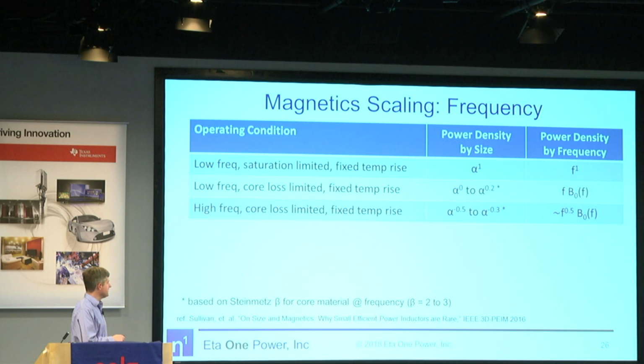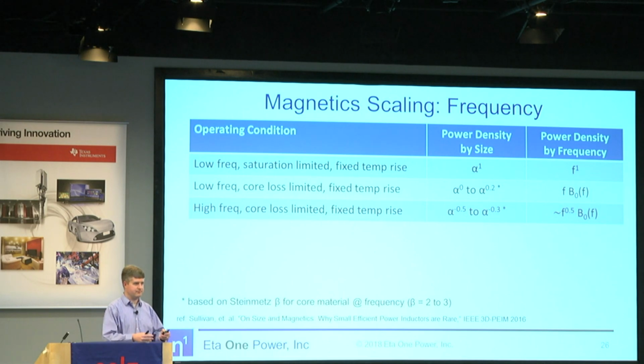When you get core loss limited, now you can't scale the bigger your core is, you have to scale down your flux density because you can't get the heat out. The heat dissipation is proportional to the area. The amount of heat generated is proportional to the volume. They don't scale equally. So we get much closer to a linear or constant scaling factor.